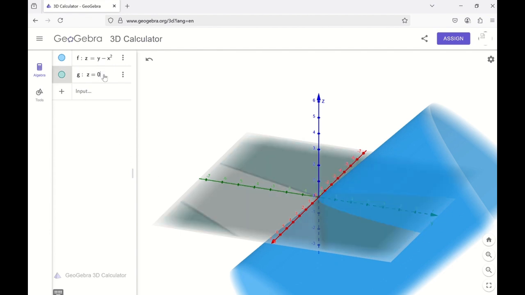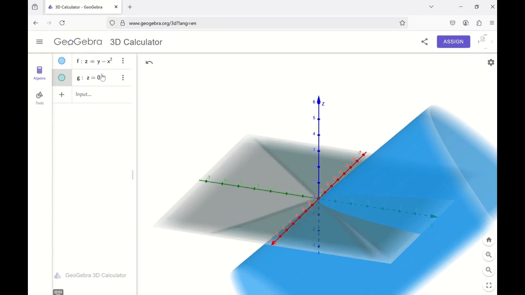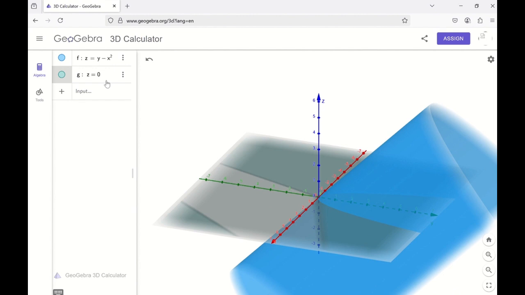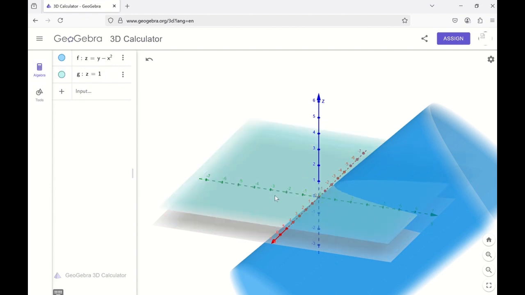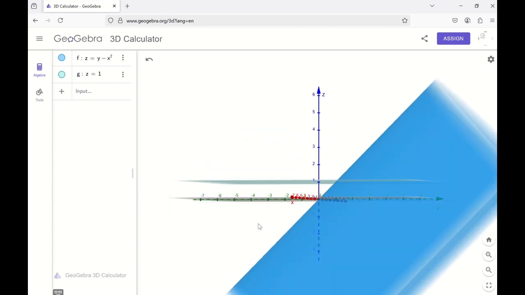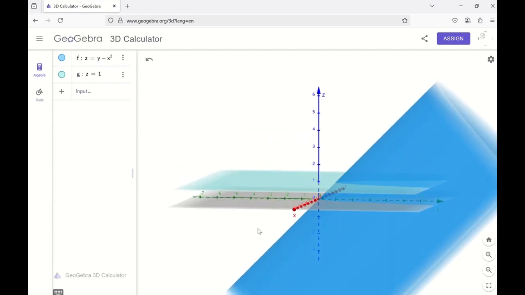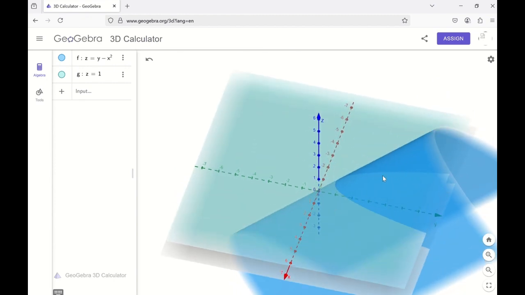If z is equal to 1, then this plane in green would be elevated by 1 unit, and it would cut through this blue surface about that parabola.